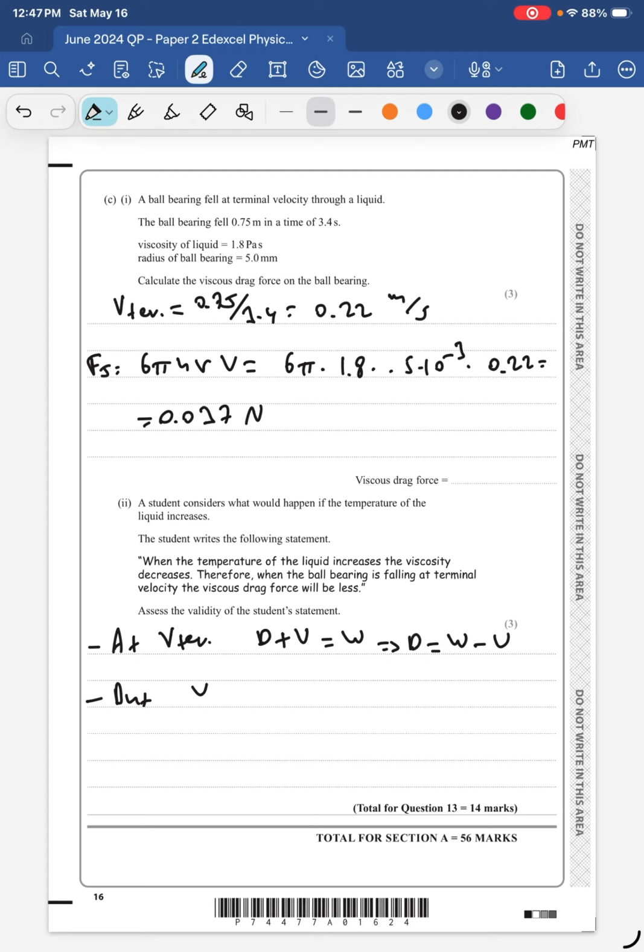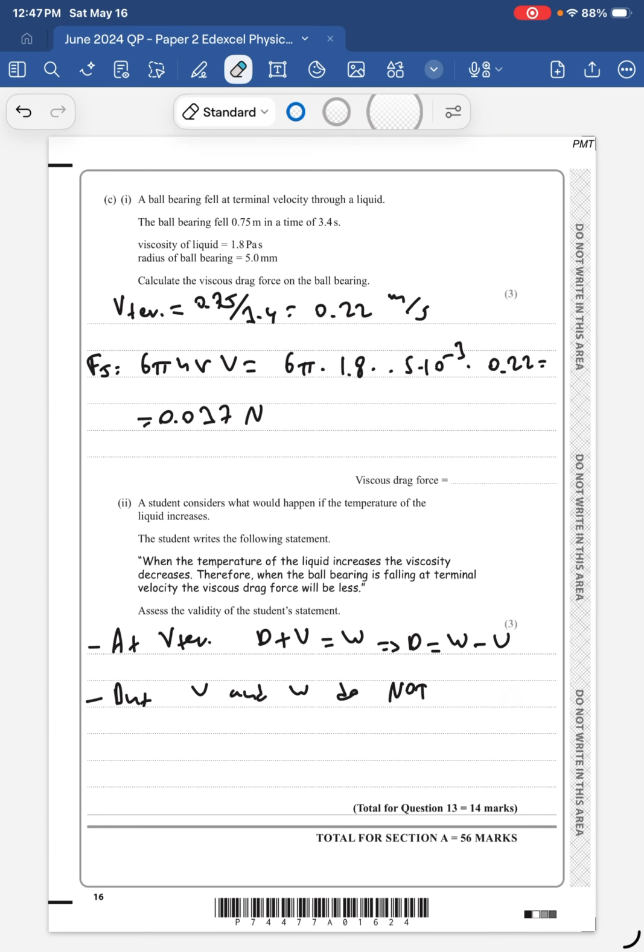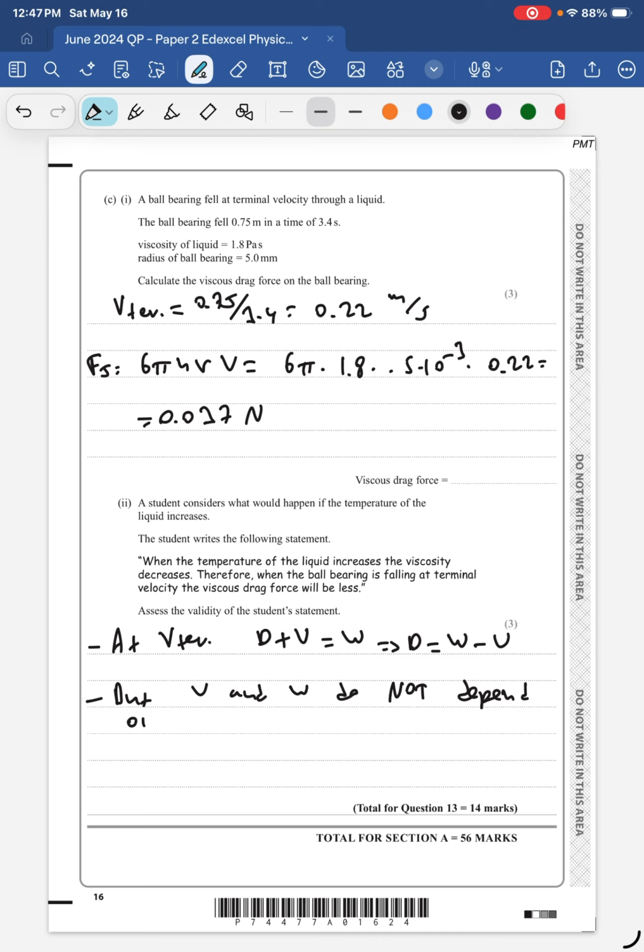But upthrust and weight do not depend on temperature, okay? So weight minus upthrust is unchanged at V terminal, okay?